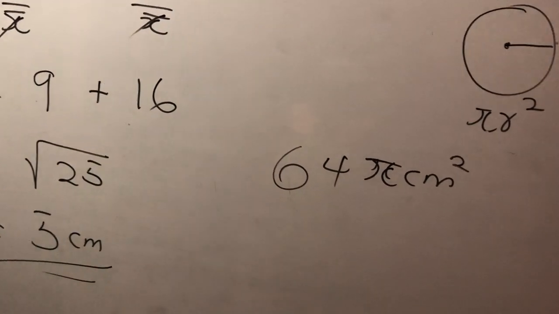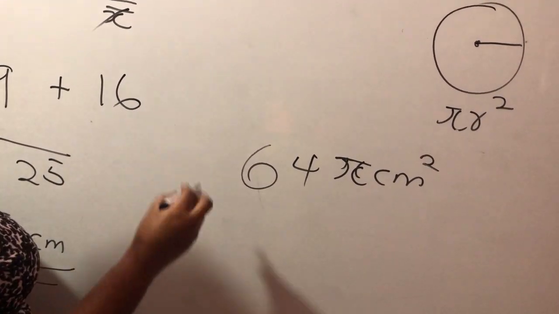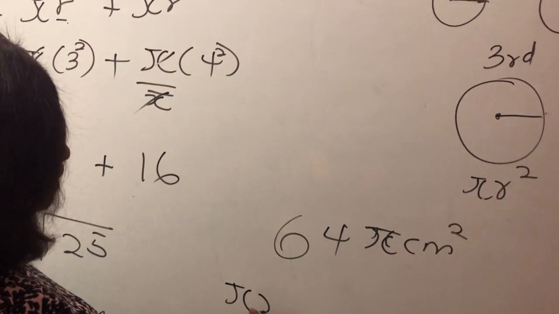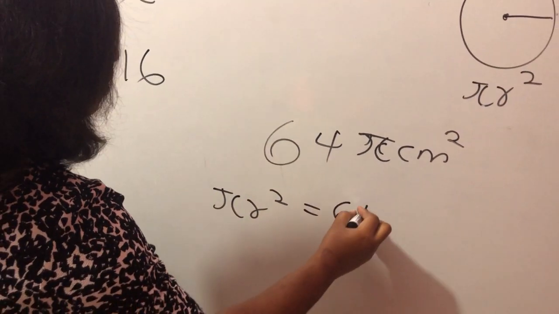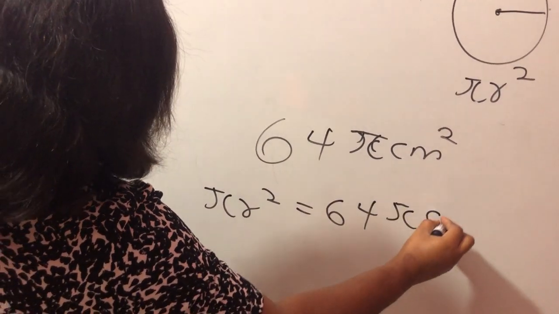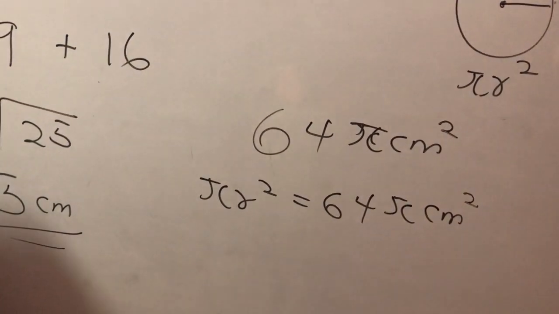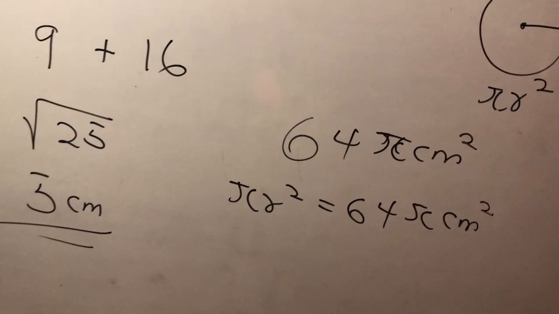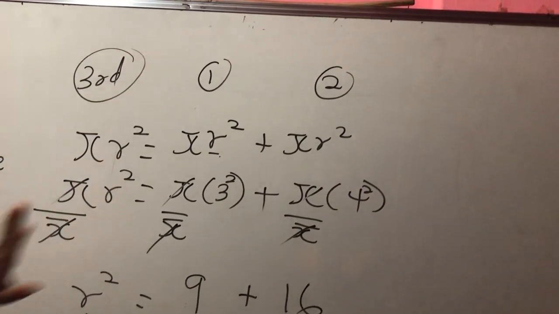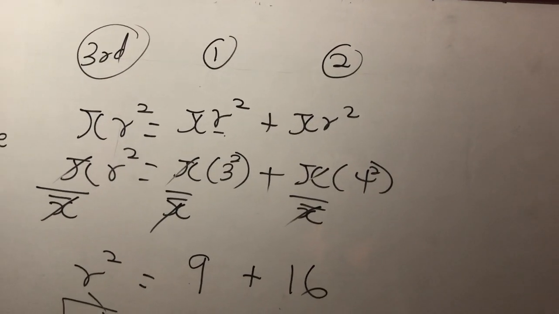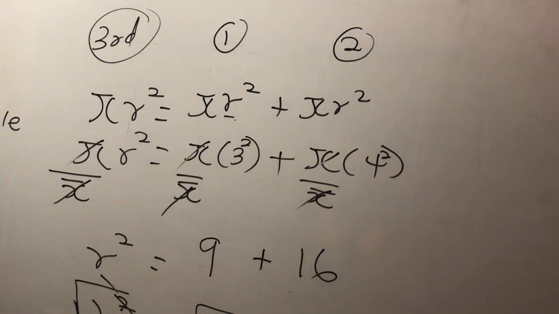64 pi centimeters squared. Now what is the formula for finding the area of a circle? It's what? Pi r squared. Now the area is equal to what? 64 pi centimeters squared. Now, do you realize that what we did here is the same thing we are going to do down here? We are going to cancel out the pi, because we need the radius to stand on its own.